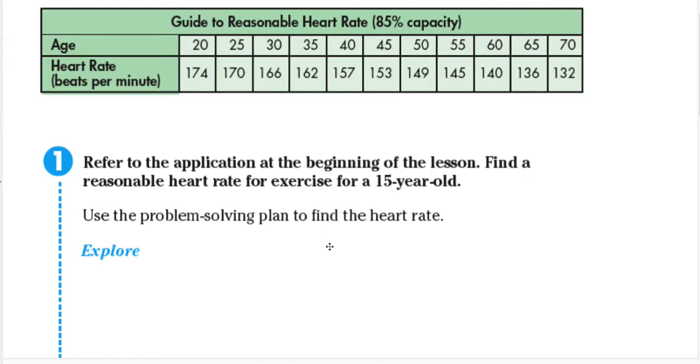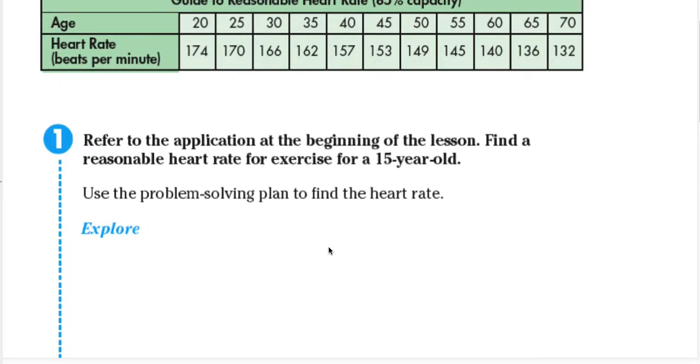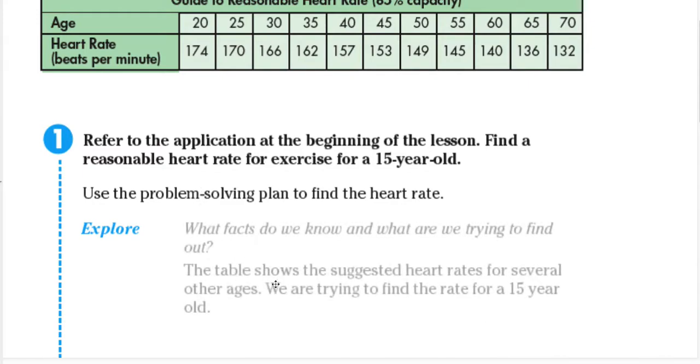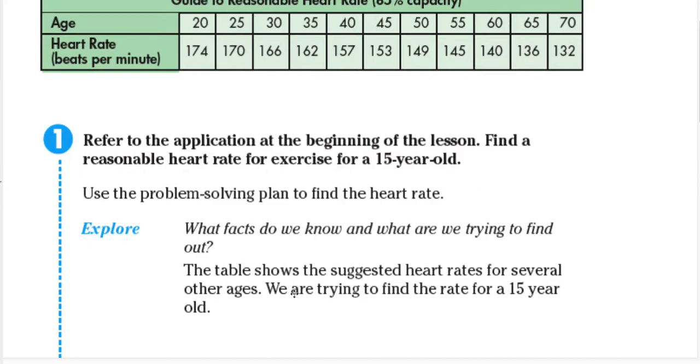Use the problem-solving plan to find the heart rate. And then the explore part. These are the facts that we know: the table shows the suggested heart rates for several ages. We are trying to find the heart rate for a 15-year-old, and this is what the problem is asking for, and this is what we will be focusing on.